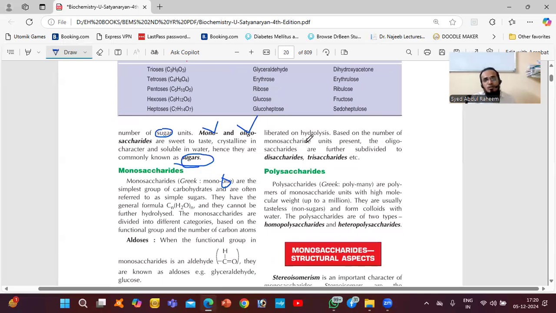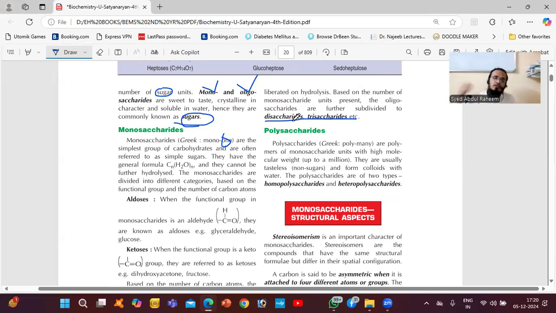They are hydrolyzed based on the number of monosaccharide units present. The oligosaccharides are further divided into disaccharides and trisaccharides. We will discuss that later, but here you understand oligo means more than one, meaning 2 to 10 monosaccharides, because mono means one.